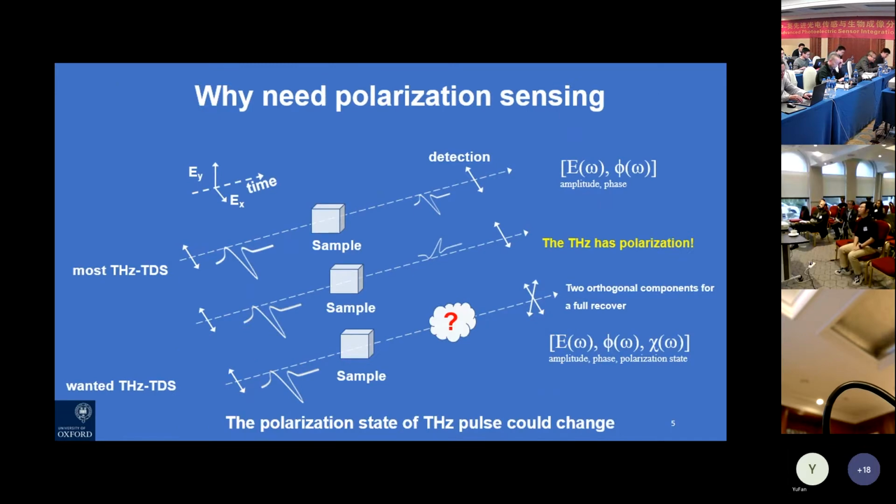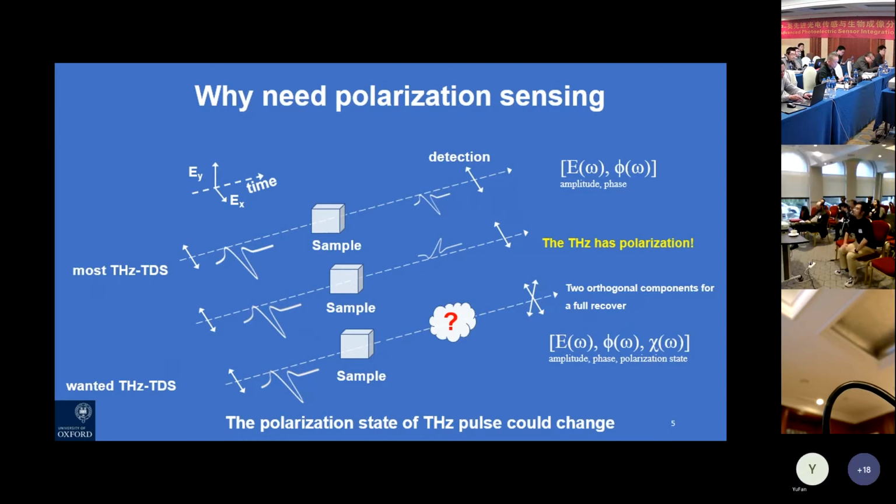Okay, next slide. Today most terahertz time domain spectroscopy systems are based on the generation of a single cycle linearly polarized terahertz pulse, with a detection scheme that can only measure one component of the terahertz electrical field vector, but the terahertz pulse has polarization.